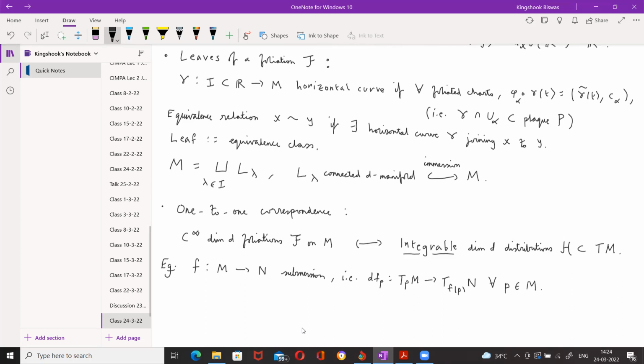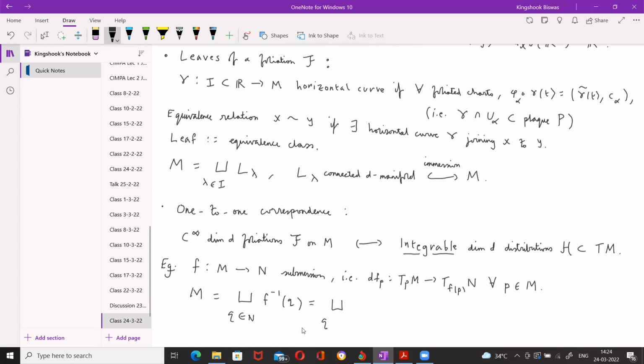So that means that every point of N is a regular value of f, right? So by the theorem on regular values, M is equal to the disjoint union over q in N of the inverse images of points below, f inverse of q. So these are the leaves of a foliation.